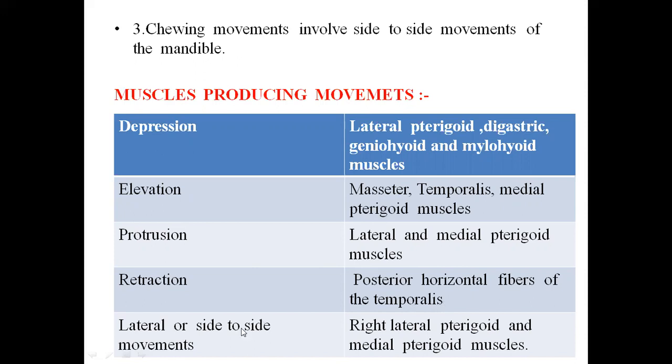And lateral or side to side movement, which is chewing: the right lateral pterygoid and medial pterygoid muscles are involved in the side to side movements. These are the five movements we find at the TM joint. So these muscles, as the madam told already, the masseter, temporalis, lateral pterygoid and medial pterygoid muscles, are for mastication as well as the TM joint movements.